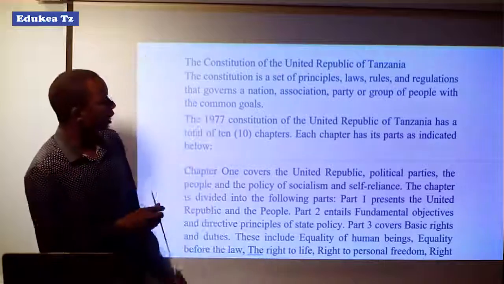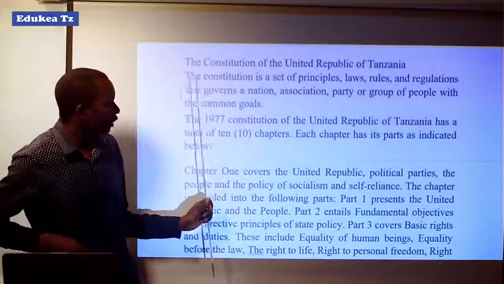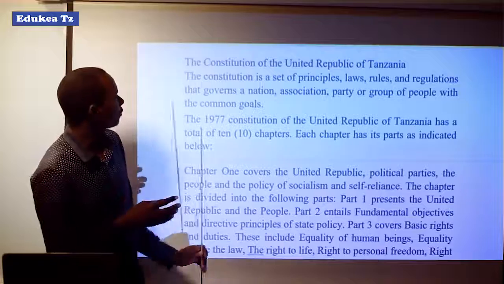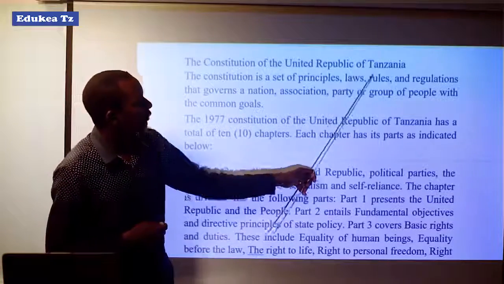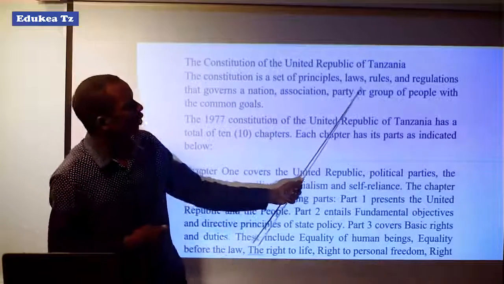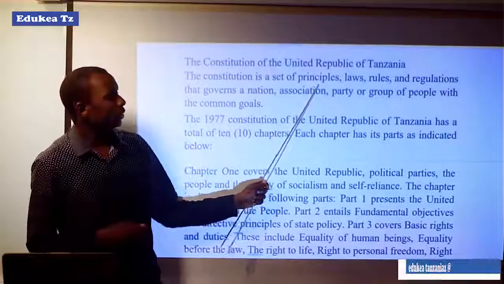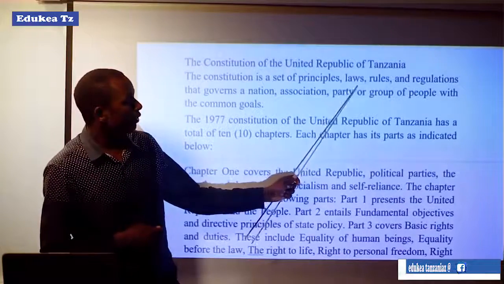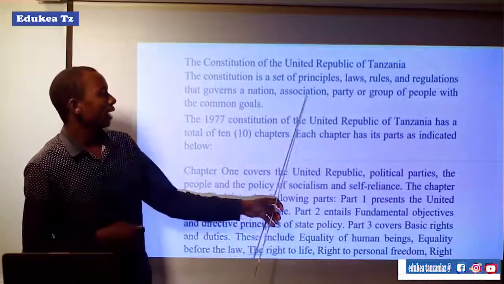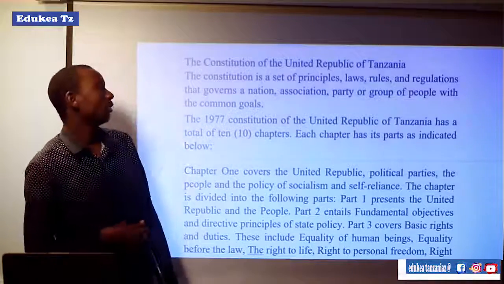So also another issue is the Constitution of the United Republic of Tanzania. Here we should start by looking at the meaning of Constitution. A Constitution is a set of principles, laws, rules, and regulations that govern a national association, party, or group of people with common goals.